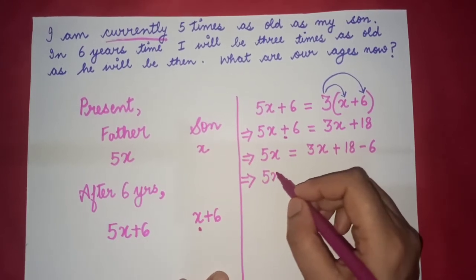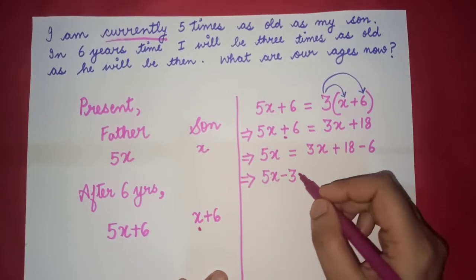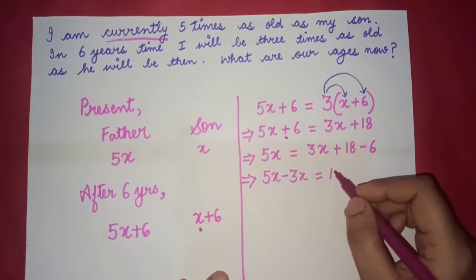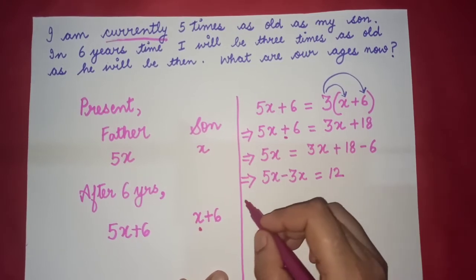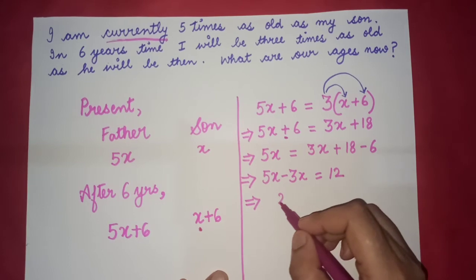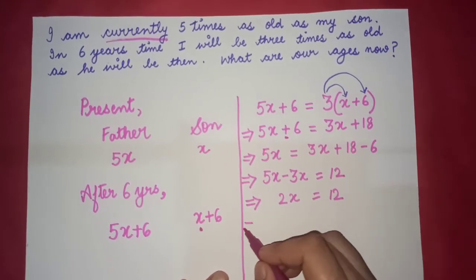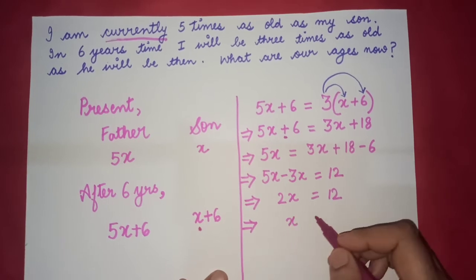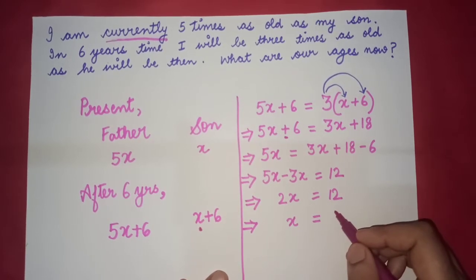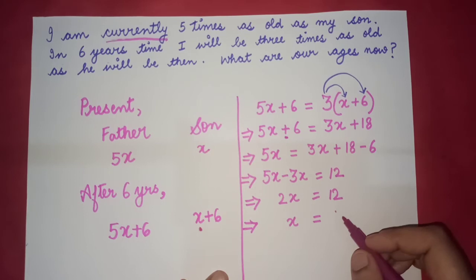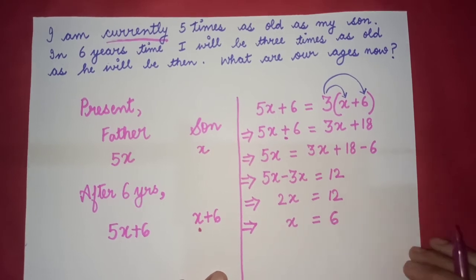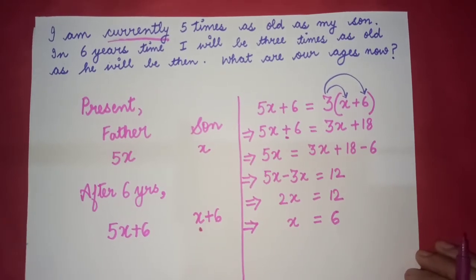So it's going to be 5x minus 3x is equal to 12, so it becomes 2x is equal to 12. So I get x now. If twice of x is 12, then x will be 6. So here we have got the value of x.